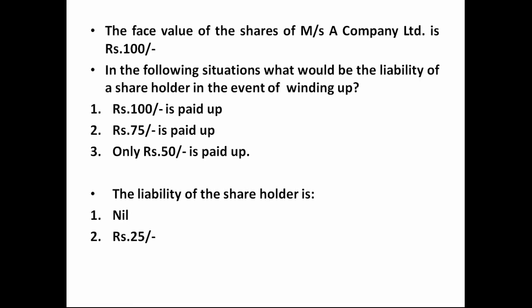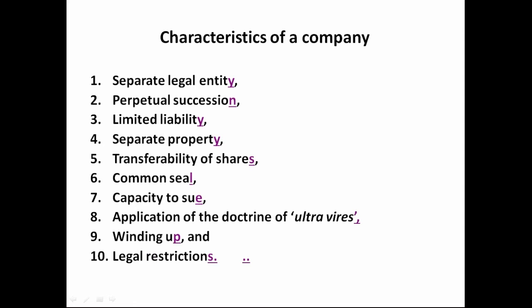So the liability in this particular instance will be 25 rupees for each member. And the last one, as again you have guessed, is a mere 50 rupees. In the event of winding up of this company, a member who has paid up only rupees 50 will have to bring 50 rupees, and it's limited to 50 only. I'm sure this has brought out clearly what limited liability is.